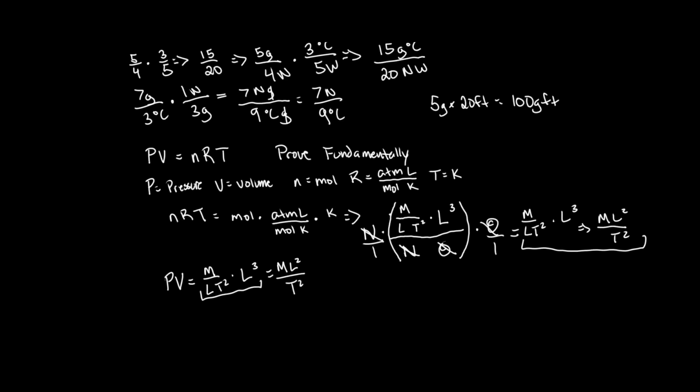So essentially what we're saying when we say PV equals nRT is mass length squared over time squared is equal to mass length squared over time squared. This is dimensionally consistent, and therefore the equation should work. We should come to the same units in both answers.